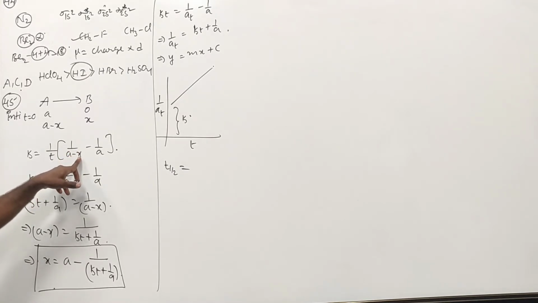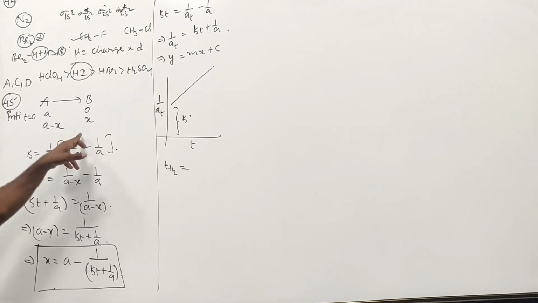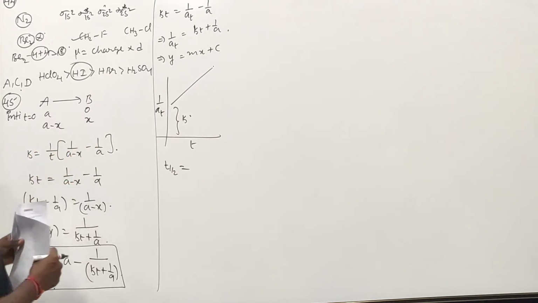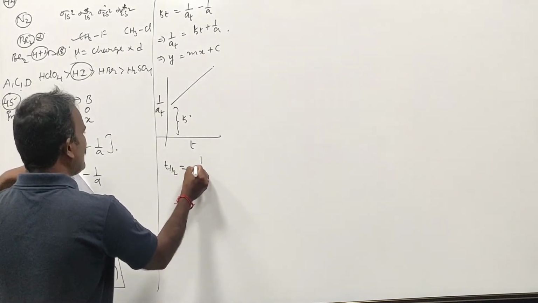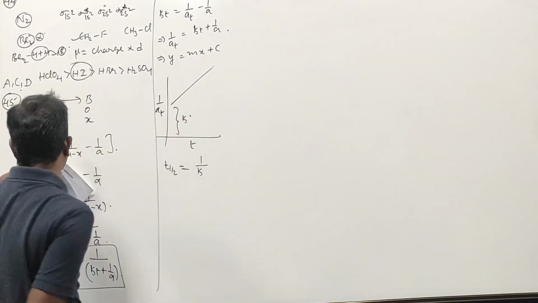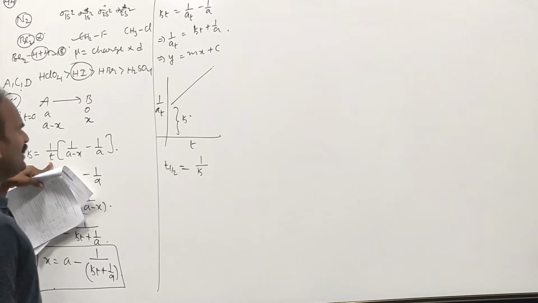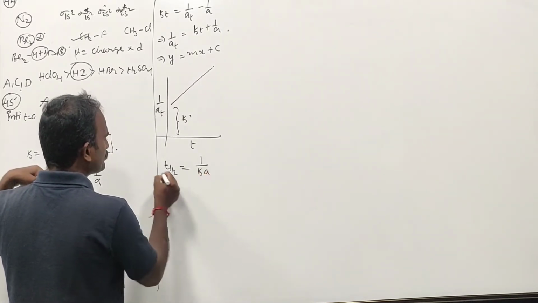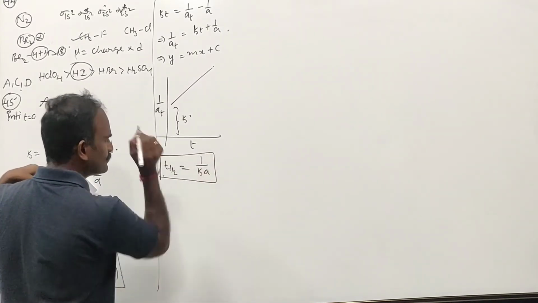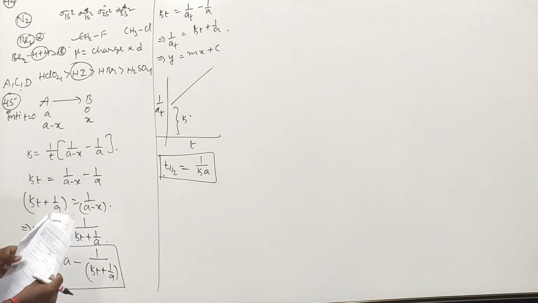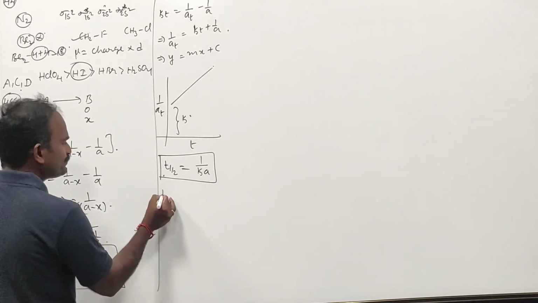When it comes to A minus A by 2, it becomes 2 by A. Now 2 by A minus A, therefore 1 divided by A, such that t half equals 1 divided by K into A. Now let us check t 75%.